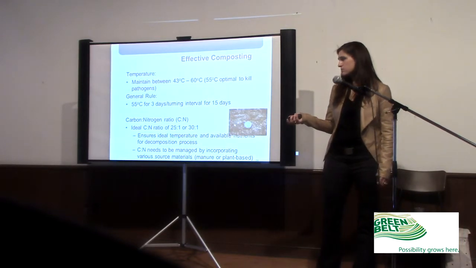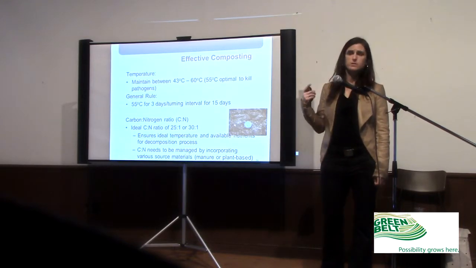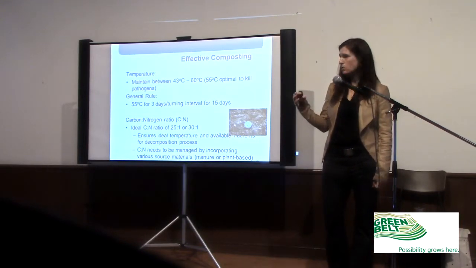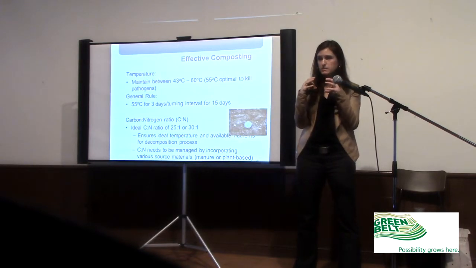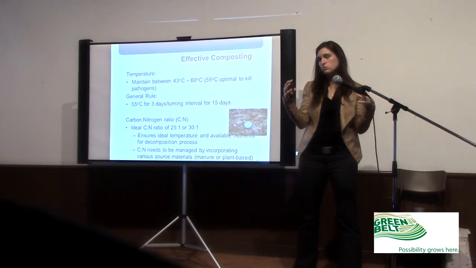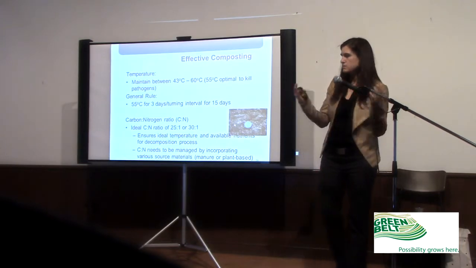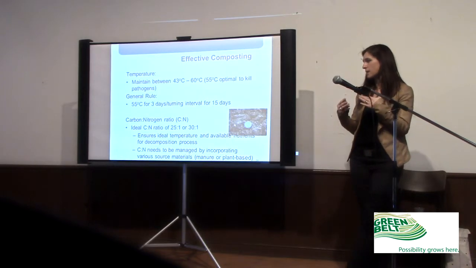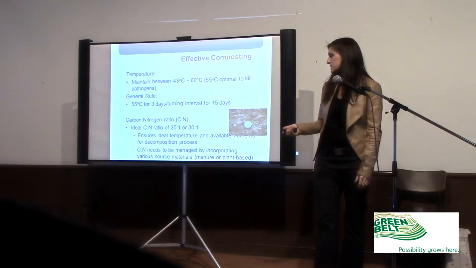You want to have 55 degrees for 3 days and then turn it at an interval of 3 days for a 15 day period. Because it's going to be hottest in the center, and the outside is going to get cooled off, you want to make sure that you're always flipping it around so that all of the parts of that manure mound are undergoing that treatment process.